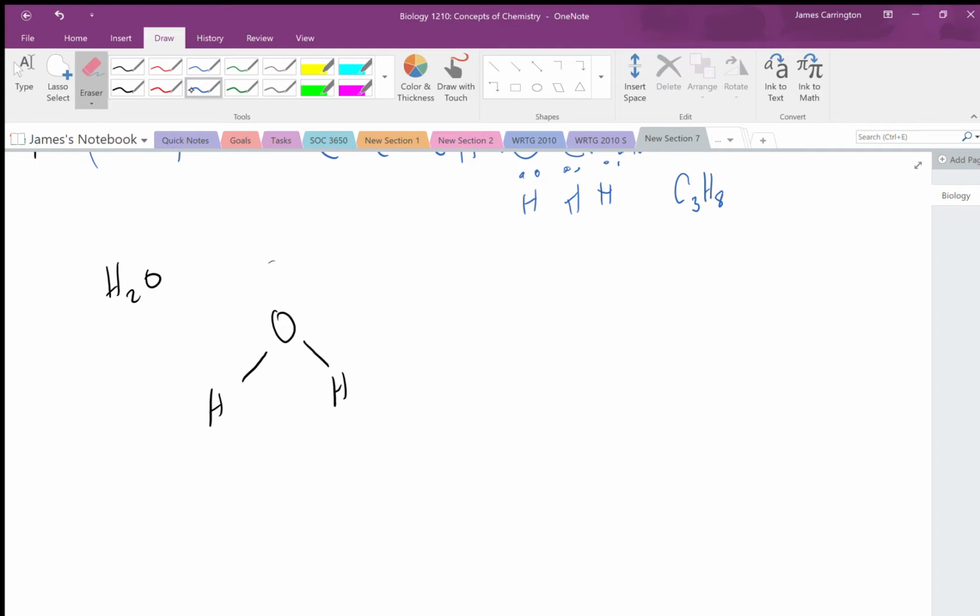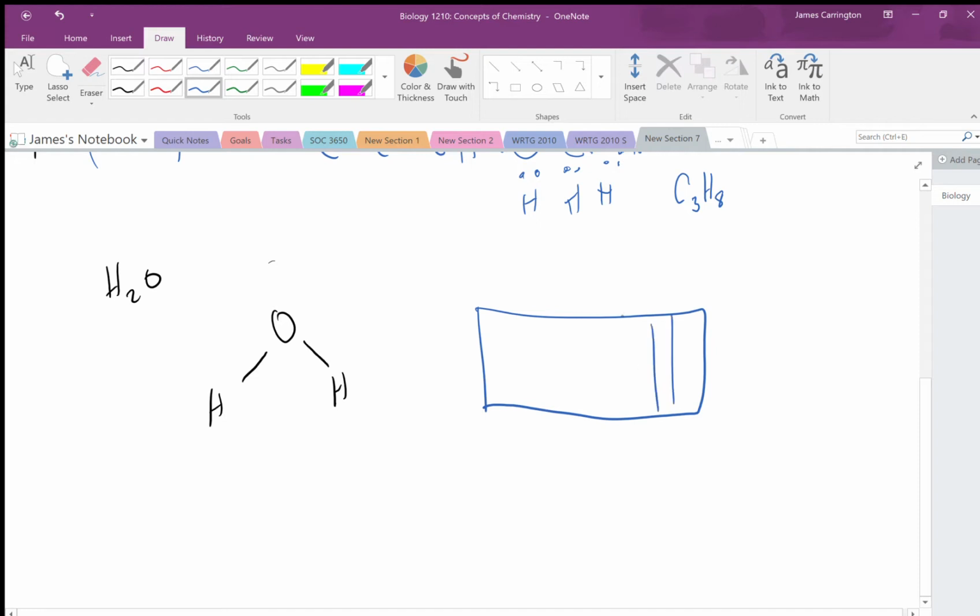So oxygen is highly electronegative. And how do we know it's highly electronegative? On the periodic table over here, the electronegativity is going to be determined a lot by the number of protons. I'm just going to draw some random charts. And so the more to the right you go, the more protons are in the nucleus.